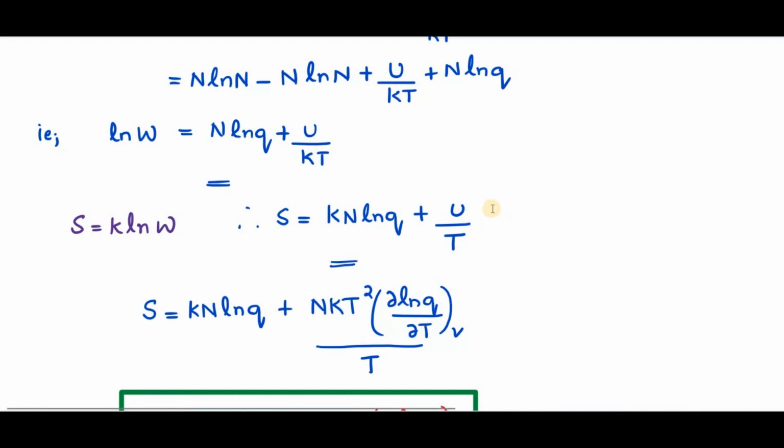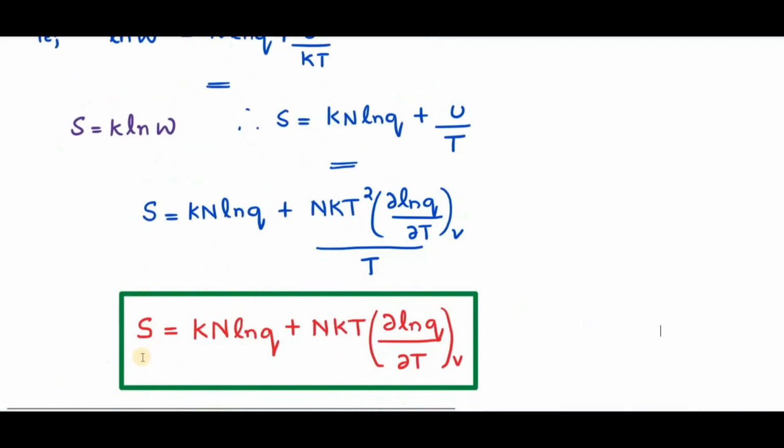So we have U equals NkT squared dou log q by dou T at constant V. So substituting the value of internal energy in terms of partition function, we get S equals kN log q plus NkT squared dou log q by dou T at constant V divided by T. Finally, we arrive at the equation for entropy in terms of partition function as S equals kN log q plus NkT dou log q by dou T at constant V. This is the expression for entropy in terms of partition function.